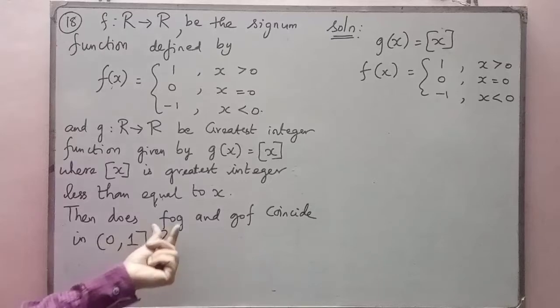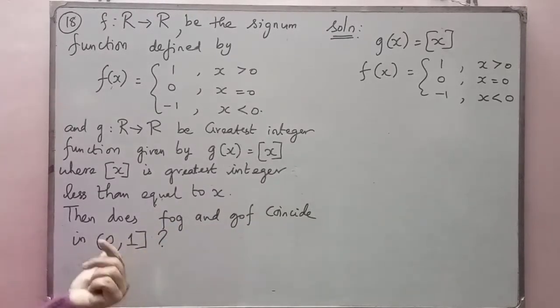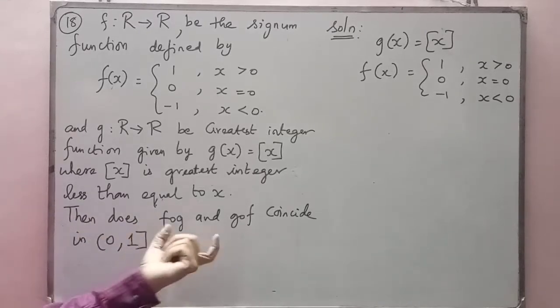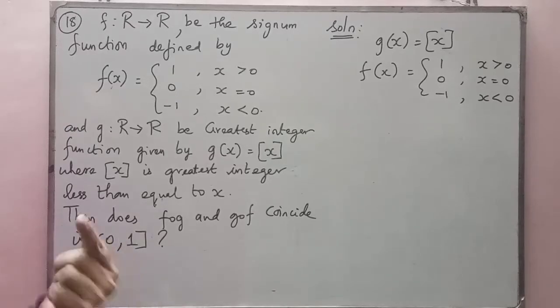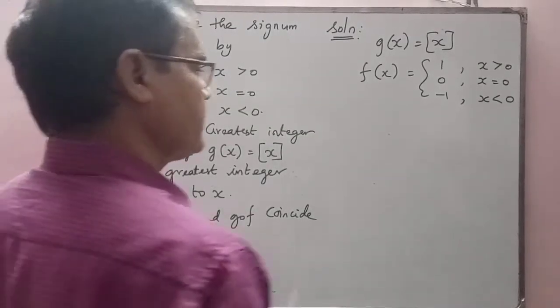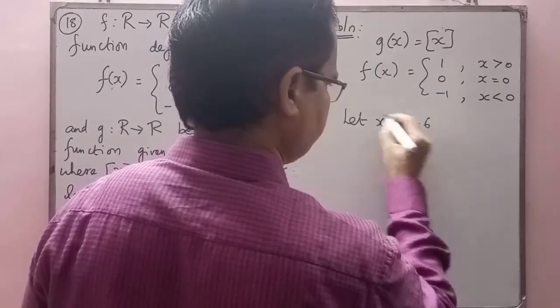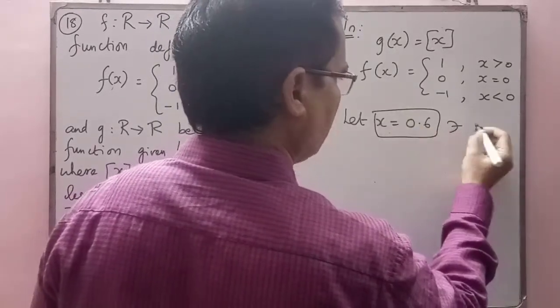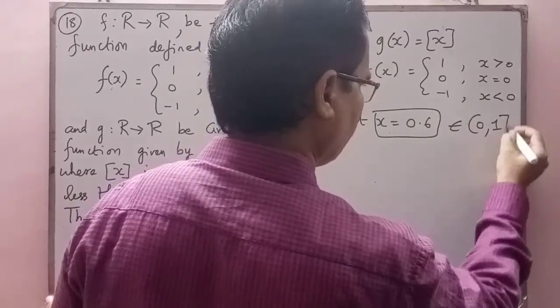You are asked to find whether f of g of x and g of f of x coincide on the interval 0 to 1, not including 0 but including 1. Now we'll choose one value between 0 and 1. Let x be equal to 0.6 because it belongs to the open interval 0 and closed interval 1.